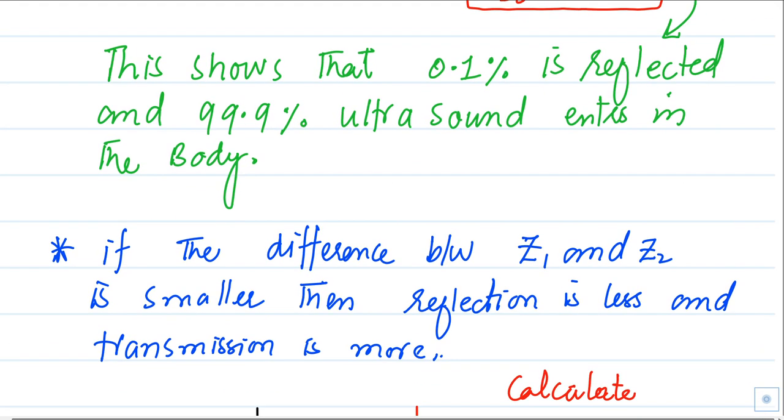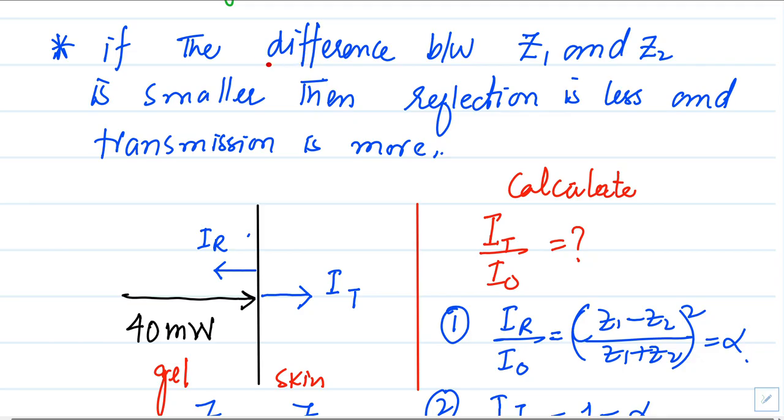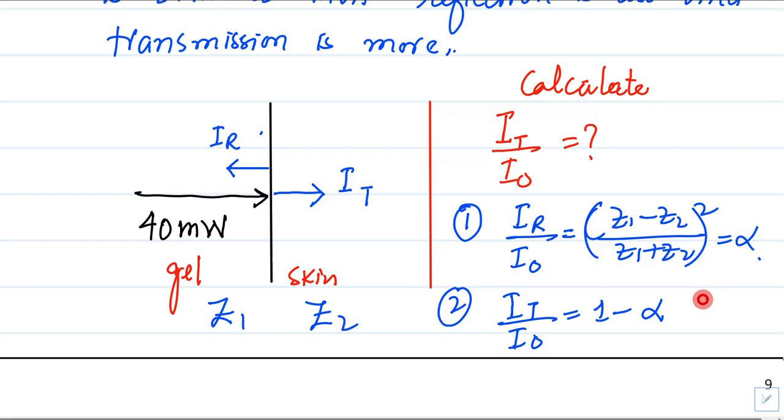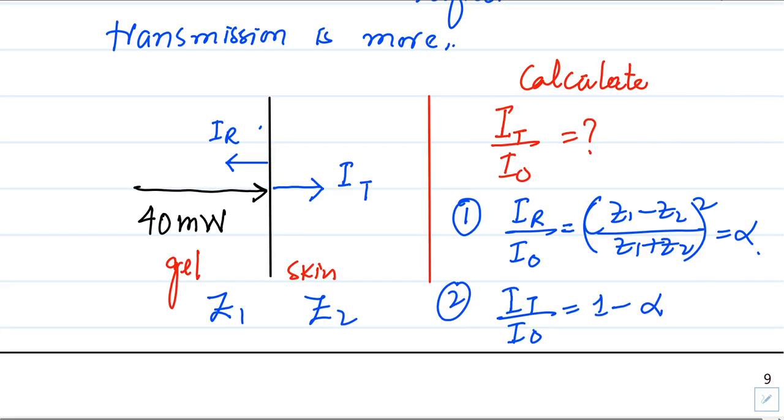Only 0.1% has been reflected, and 99.9% has entered the body. This is because if the difference between Z1 and Z2 is very small, then reflection is less and transmission is more. Did you notice this point? Is it clear to everyone now?